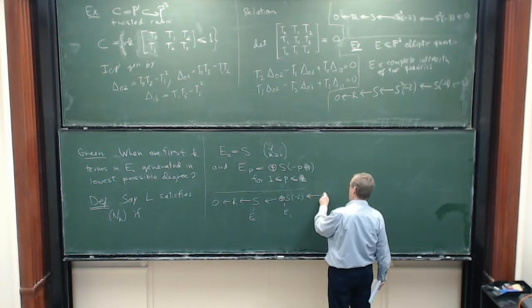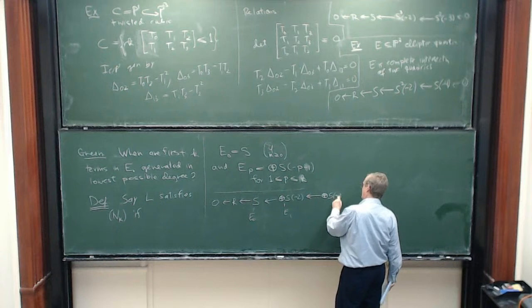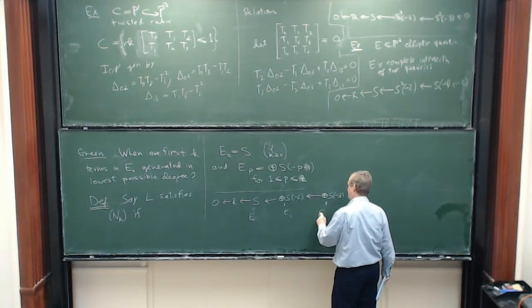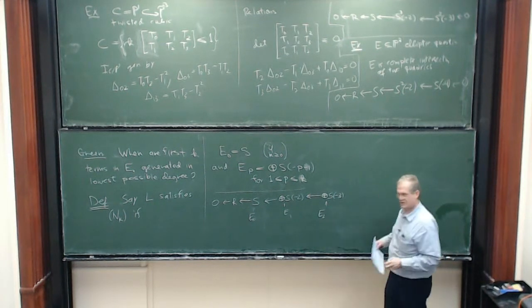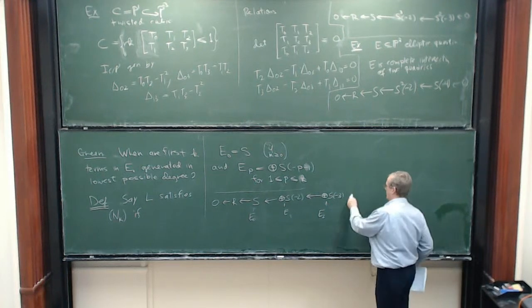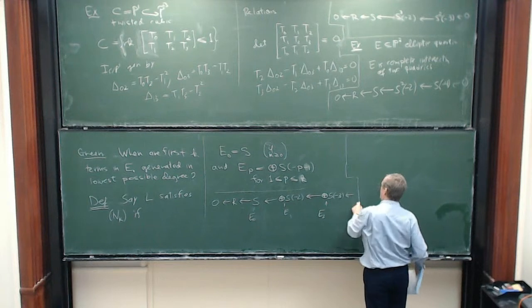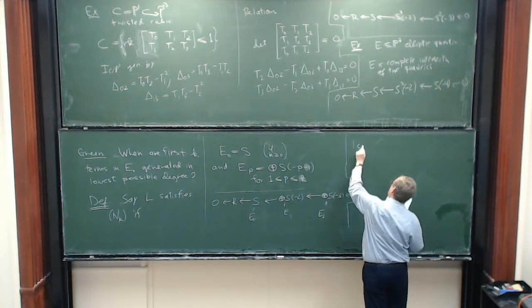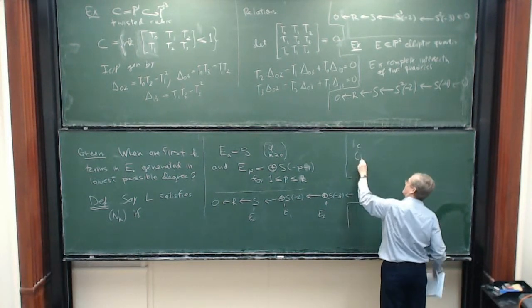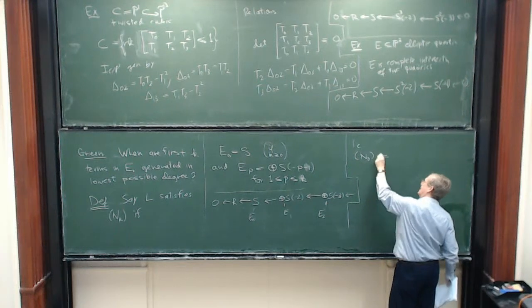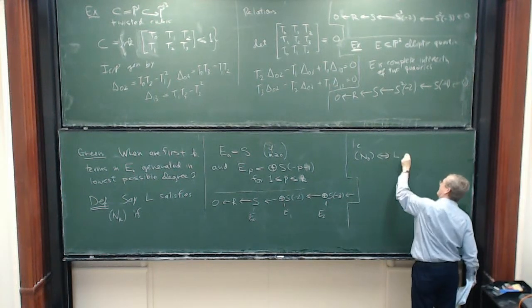Then the next case, for E2, we're asking that everything be generated in degree 3. So what does this mean concretely? What this means concretely is that N0, as I've said, just means that L is normally generated.